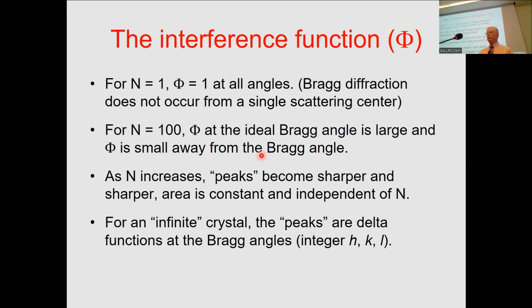If you calculate the interference function for 1 unit cell, we don't get diffraction, and phi is 1 at all angles. For example, with an n value of 100 unit cell repeats, which is actually twice the number of layers in this deck of cards about, phi becomes pretty sharp. Remember, it's the window through which we get to view G.